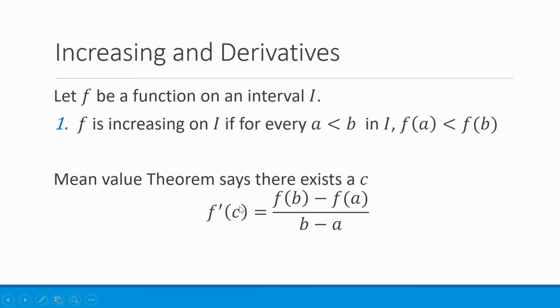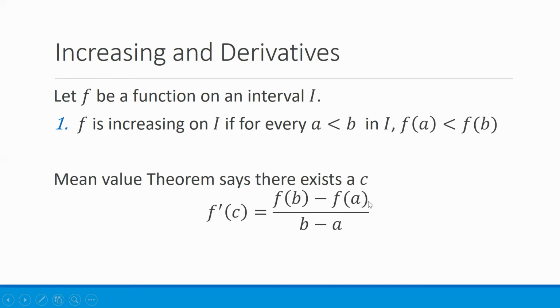And that means that we can force these little sub-intervals to be really small, and we can force the derivative to be positive. Think about this. f of b is bigger than f of a, so when you subtract these two numbers in the numerator, you're going to get a positive number. b is bigger than a, so when you subtract these two numbers, you're going to get a positive number in the denominator.